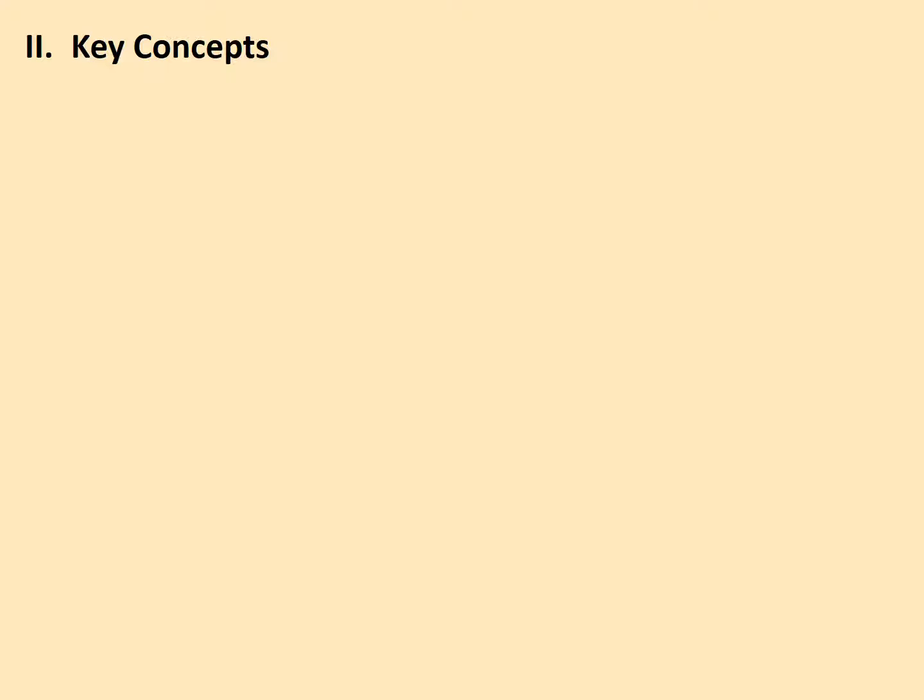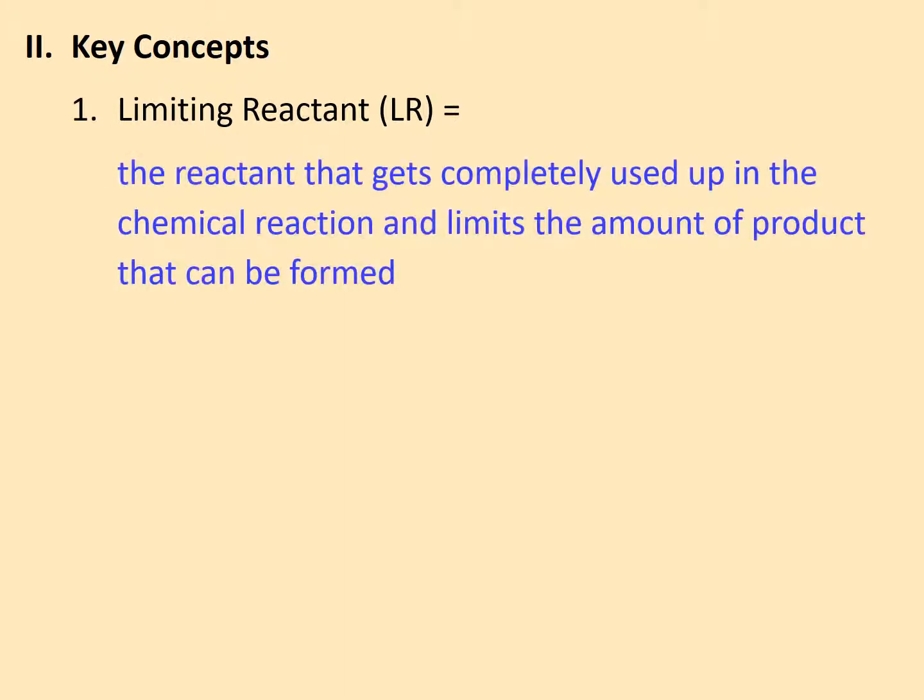So let's formalize the concepts introduced in the previous slide by defining what we mean by a limiting reactant and a reactant in excess. So a limiting reactant, and we will abbreviate it with the letters LR, to save us a little bit of time, is the reactant that gets completely used up in the chemical reaction and limits the amount of product that can be formed.